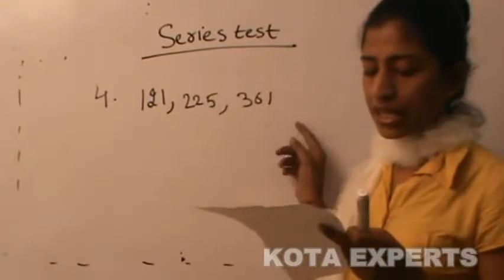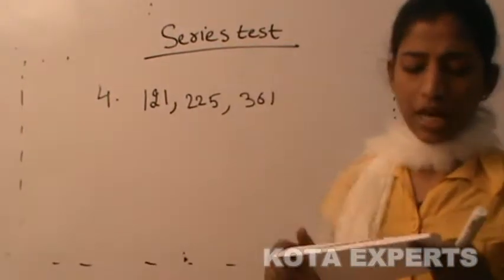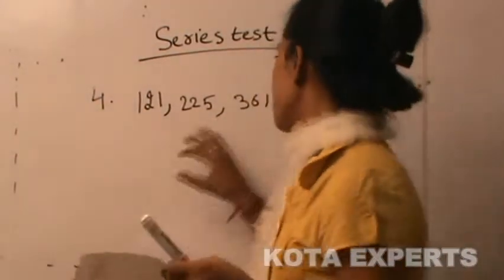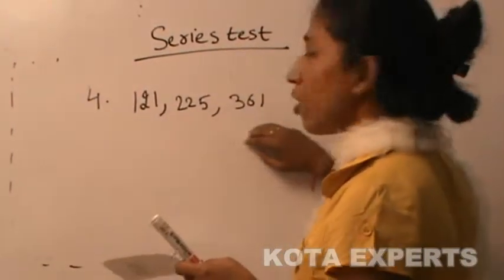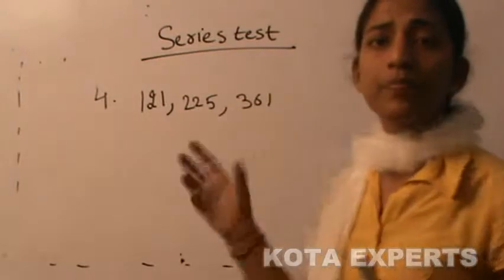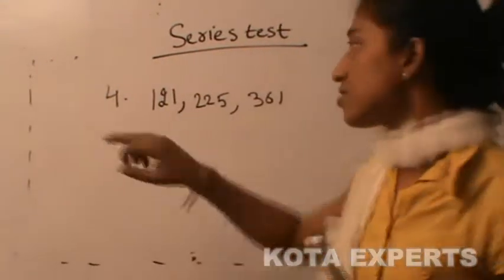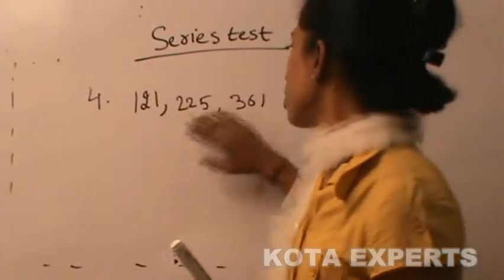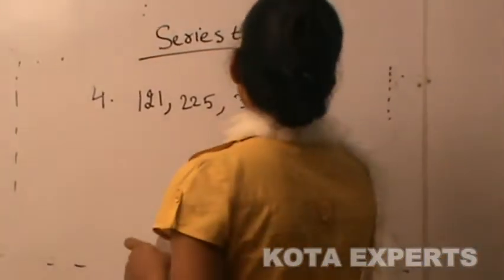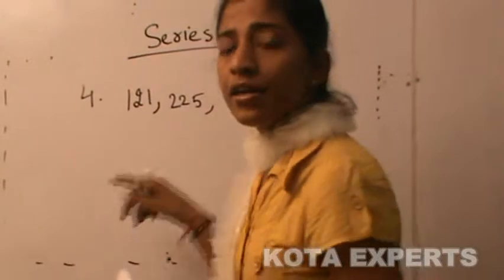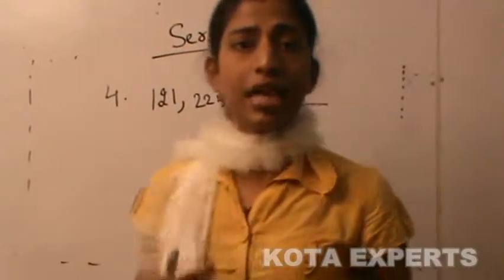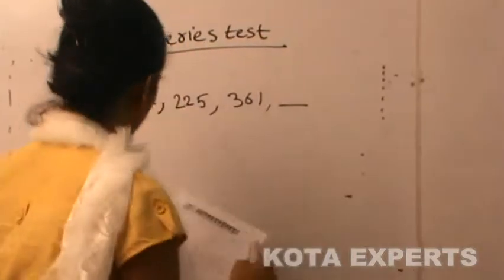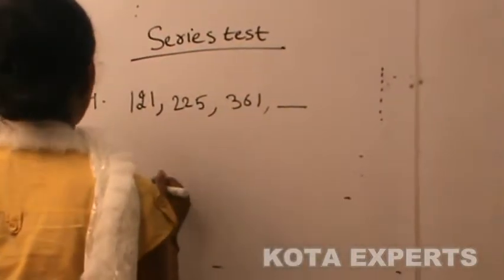Choose the correct alternative that will continue the same pattern. So we have to find the number that follows the same pattern as in this question. So try to solve this question.